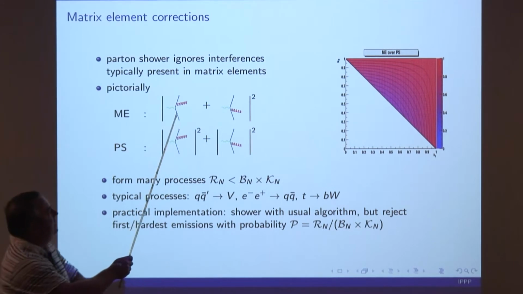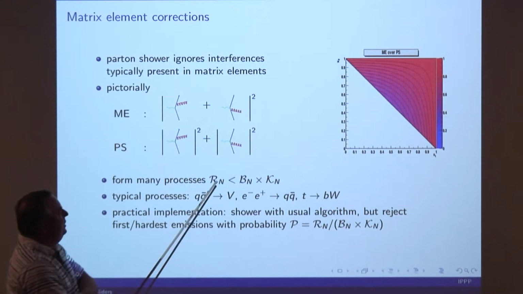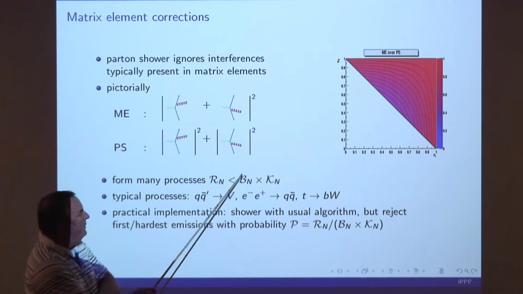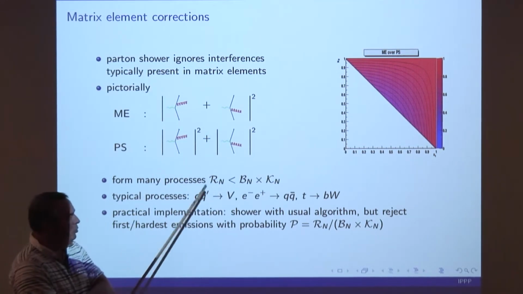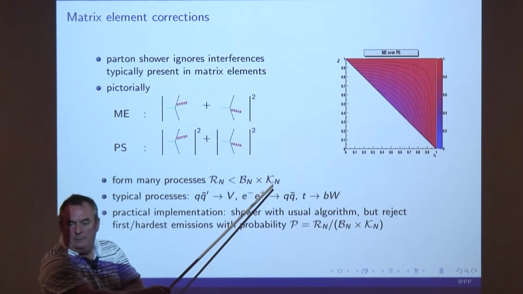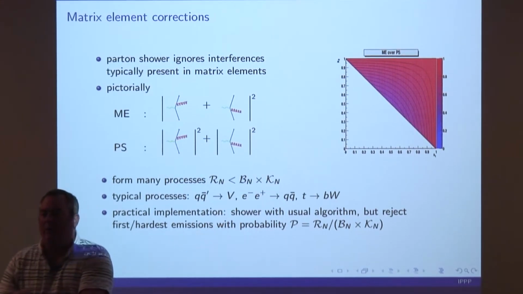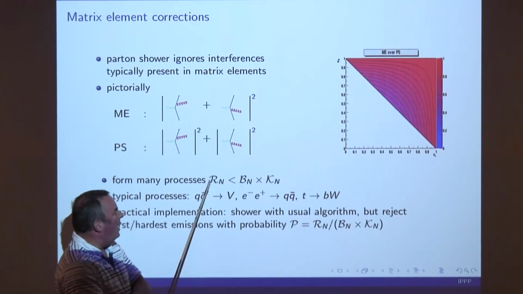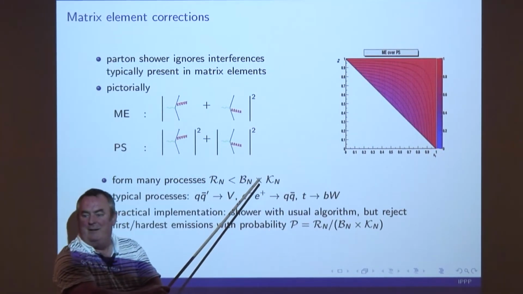We calculate the real emission matrix element, and we calculate what the parton shower would do: Born times whatever splitting kernel we have. And this is pretty much the plot I did here. I did R over B times K.